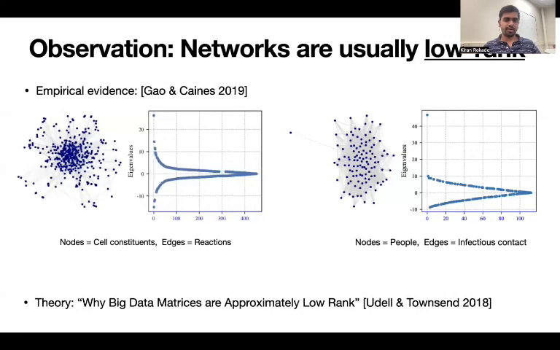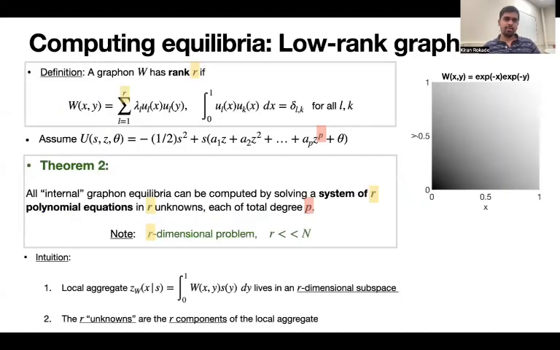It is observed in the literature that most networks that are observed in practice happen to have a low rank. And there is some theoretical justification behind this fact as well. So based on this observation, we make an assumption on our Graphon. We assume that our Graphon has a finite rank R.